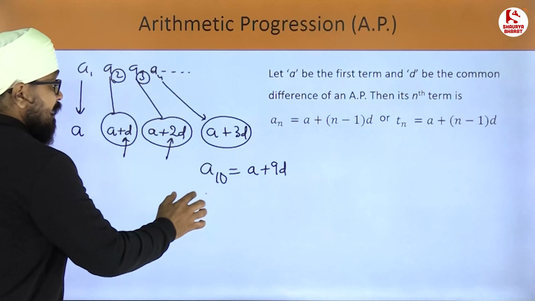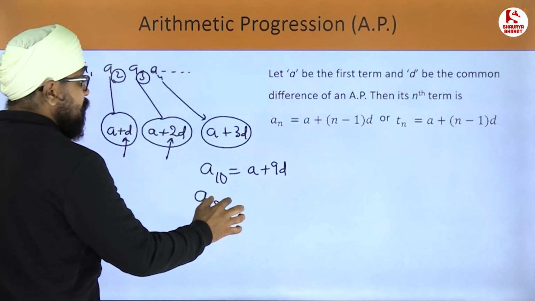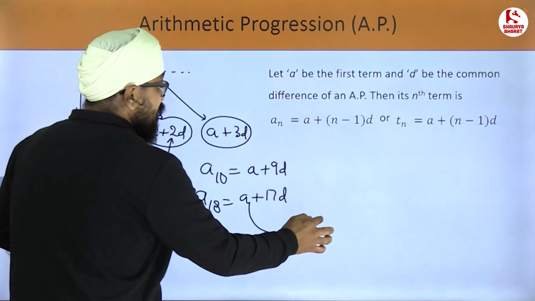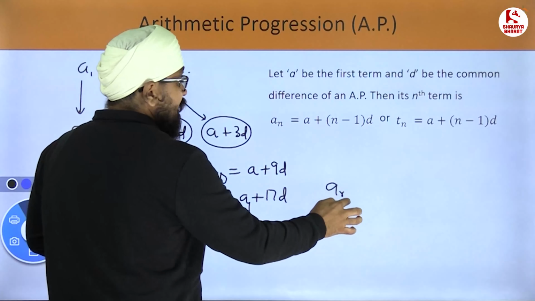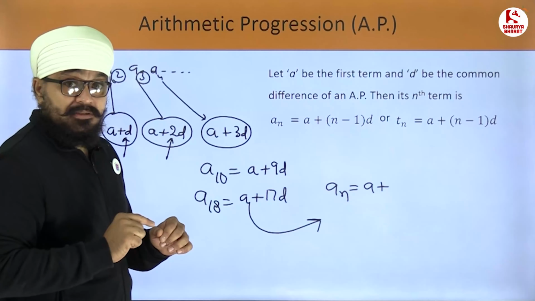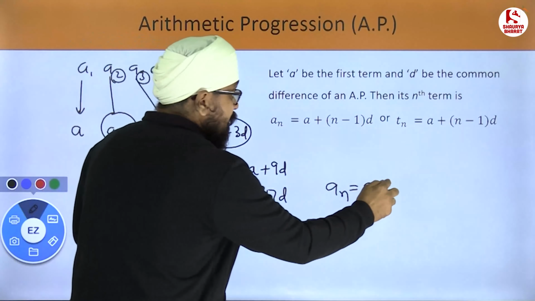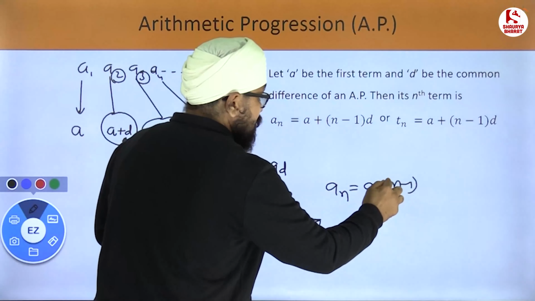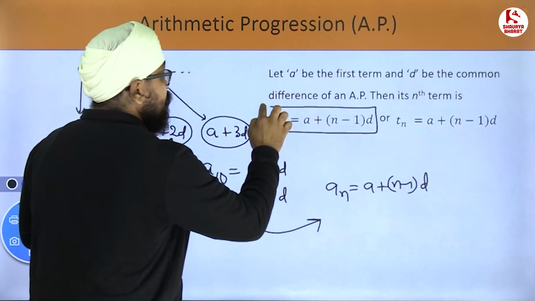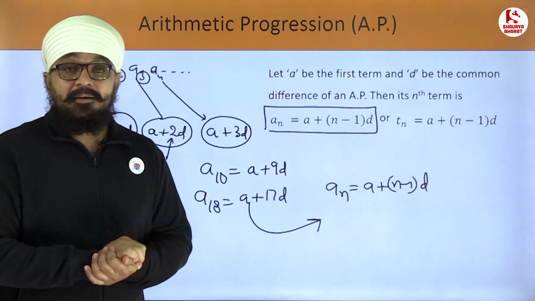In the same way, if I ask what the 18th term will be, I write A plus 17D. In the same way, for the nth term, it will be A plus 1 less than the position. What is the position? n. It will be 1 less than that. So, we have a formula for the nth term as A plus (n minus 1)D.